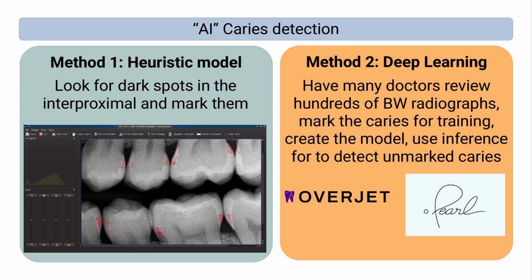Go into the interproximal space and then mark the dark pixels that are in the interproximal space where the teeth are as caries or incipient caries, depending on how sensitive you want to make your software. There's been a number of papers on this, and of course, as a disclaimer, this is what I wrote back when I was a dental student at Tufts.